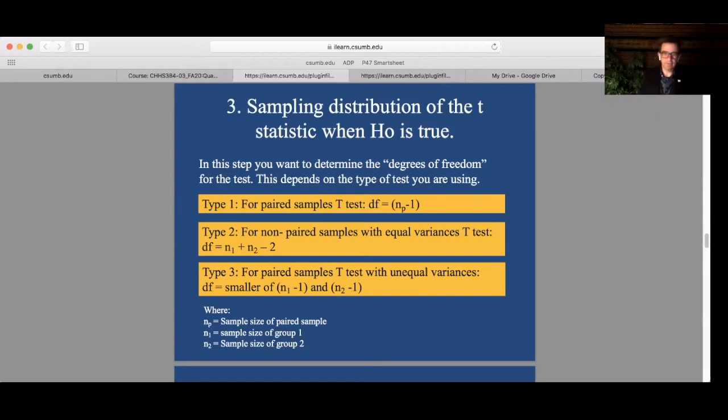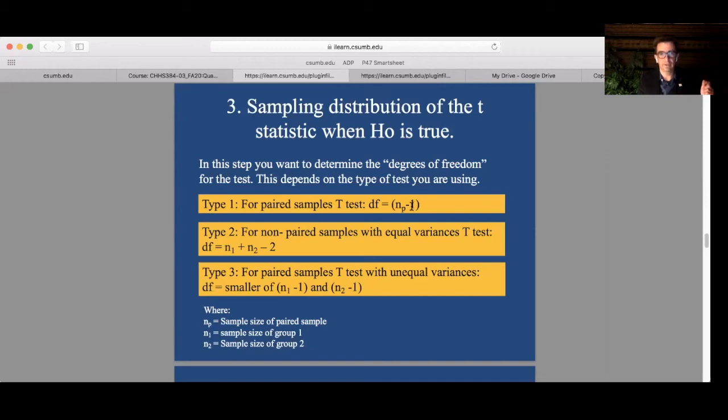Right now, there's three types of t-tests, and the degrees of freedom are calculated differently for each type of test. When you have a t-test for paired samples, the degrees of freedom are calculated by this first formula, where we have the number of observations that are paired, minus 1.